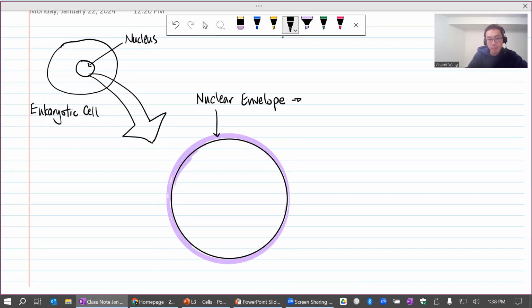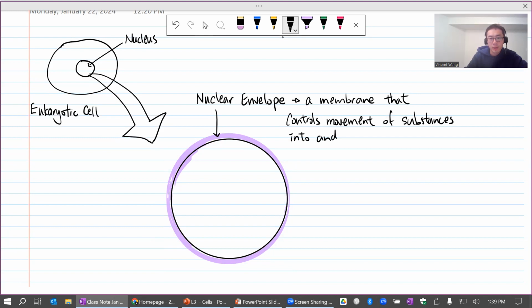And it is a membrane that controls movement of substances into and out of the nucleus.